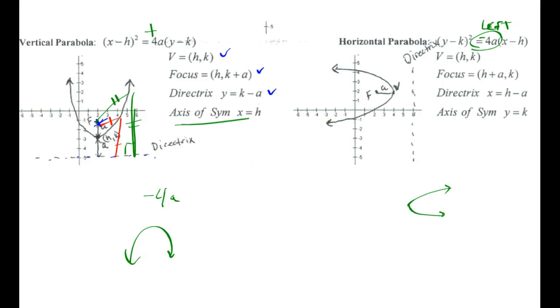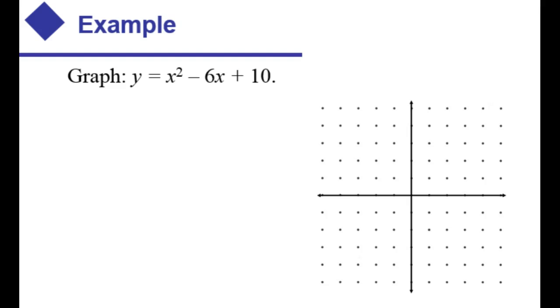So taking a look at our first example, this is in standard form, but not standard graphing form, so we can go ahead and complete the square. I like to throw the 10 over on the other side, although you don't have to.